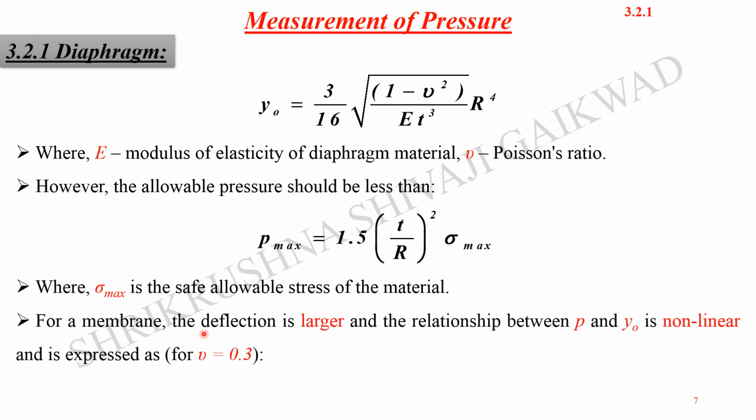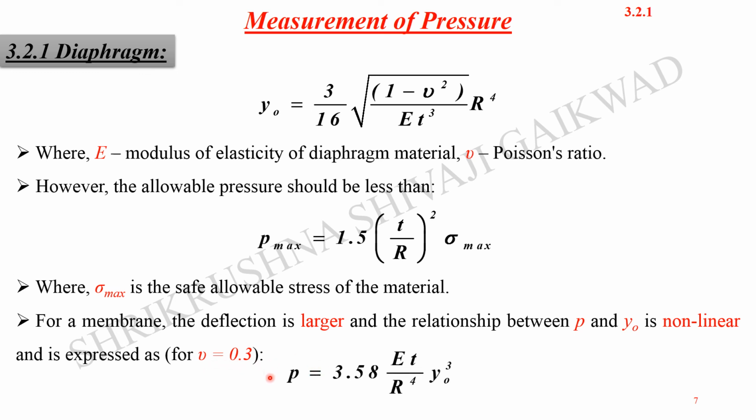For the membrane, the deflection is larger and the relationship between P and y0 is non-linear, expressed with nu equal to 0.3. Earlier we saw that for the diaphragm, the deflection is small and the relationship between P and y0 is linear, but here we get a non-linear relationship for the membrane, and its Poisson's ratio is 0.3.